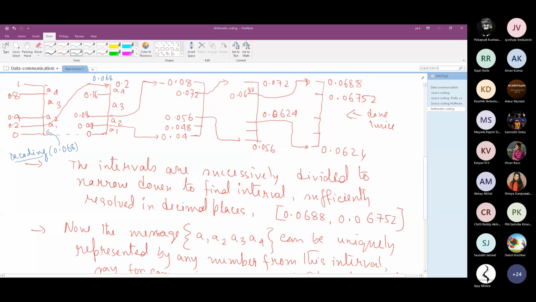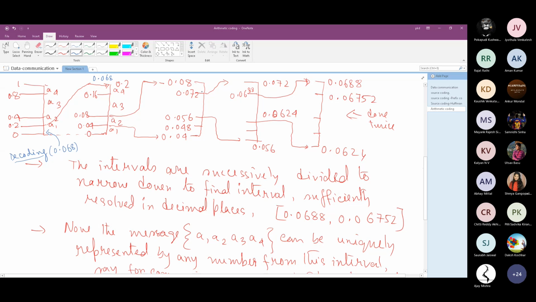So this will be 0.06 something, in the second interval, so it will be more than 0.04. That way A2 will come here actually, so the second symbol will be A2.